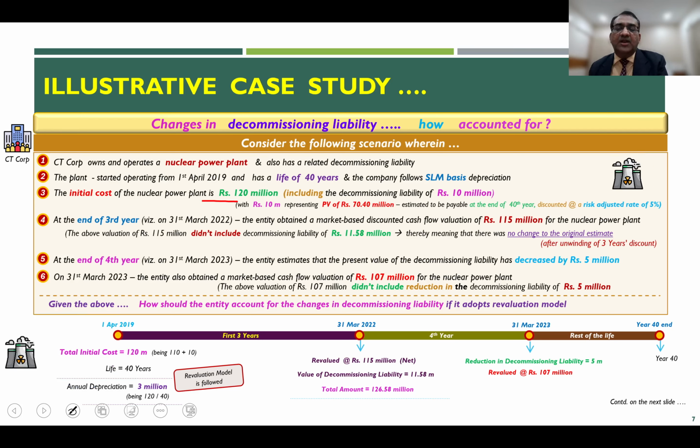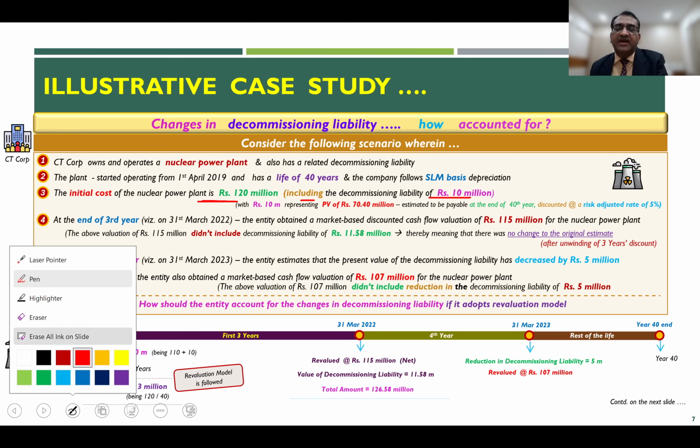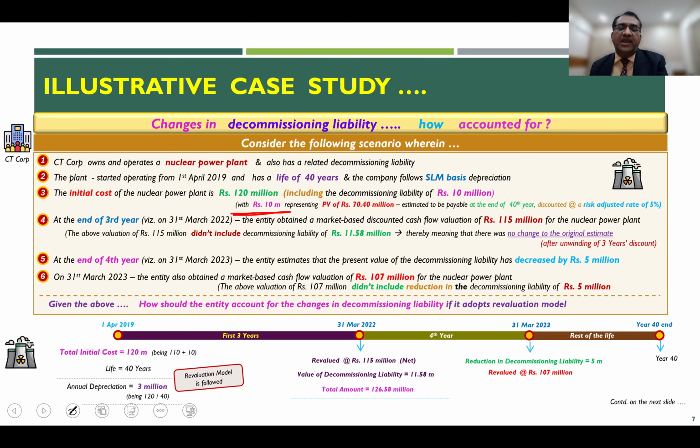It says the total cost was 120 million, including decommissioning liability of 10 million. And how was this 10 million arrived at? 10 million represents the present value of 70.40 million, which is estimated to be payable at the end of the 40th year, discounted at a 5% discount rate. Simply stated, you have an obligation at the end of the 40th year of 70.40 million.